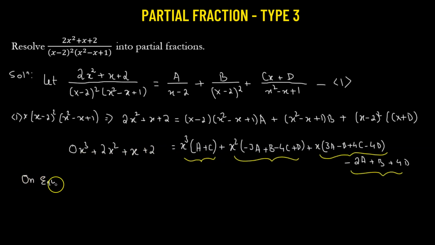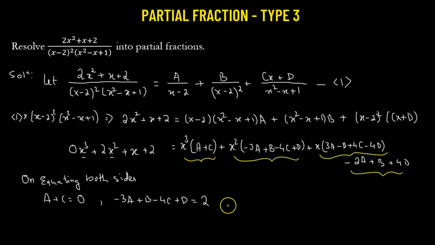On equating both sides, all we have to do is look at the coefficient of x cubed. That's A plus C, and on the left hand side the coefficient of x cubed is 0. So equating gives us A plus C equals 0. Then the coefficient of x squared, negative 3A plus B minus 4C plus D, equals the coefficient of x squared on the left hand side, which is 2.